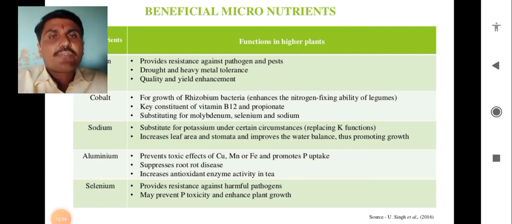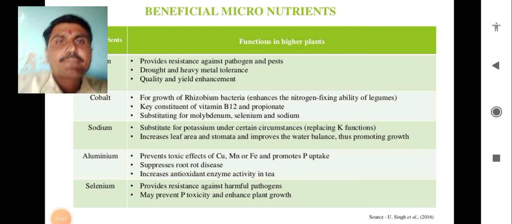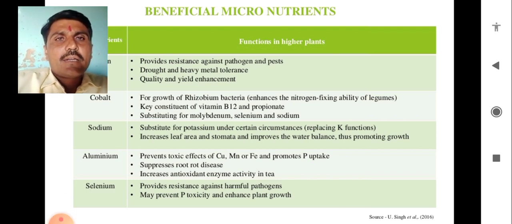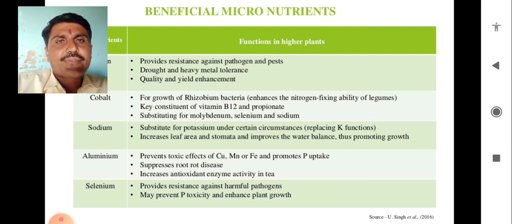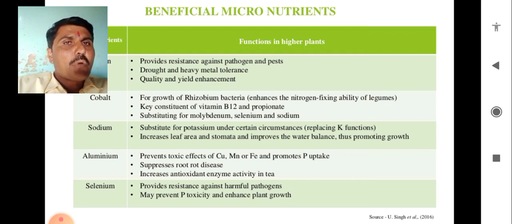Friends, with this we stop here regarding these micronutrients. As we are discussing the nutrients of plants, and as we said, there are two types of nutrients, macro and micro. Micronutrients are required in a very adequate amount for the plant.